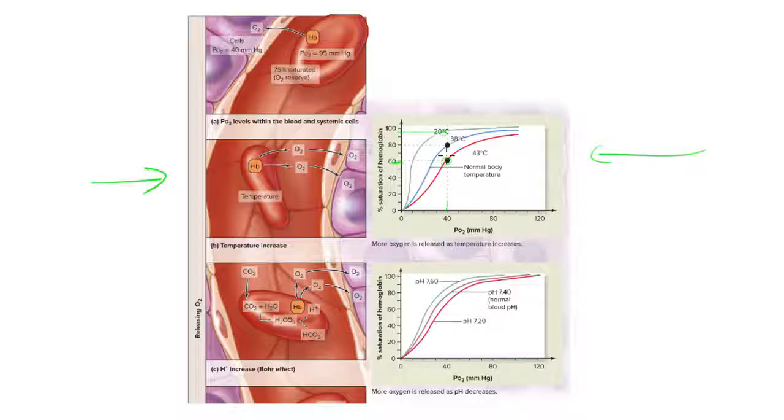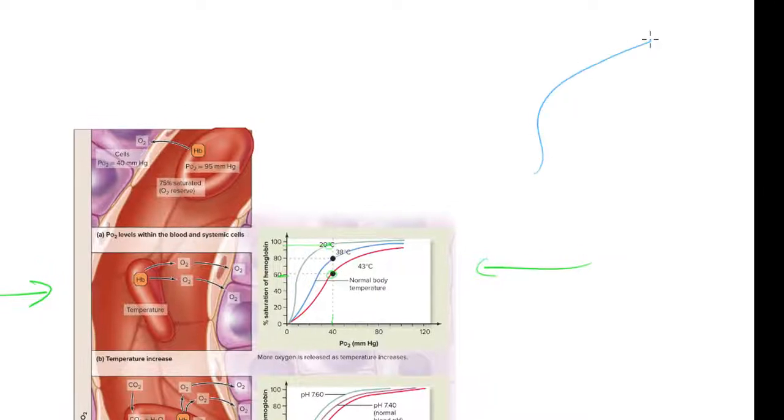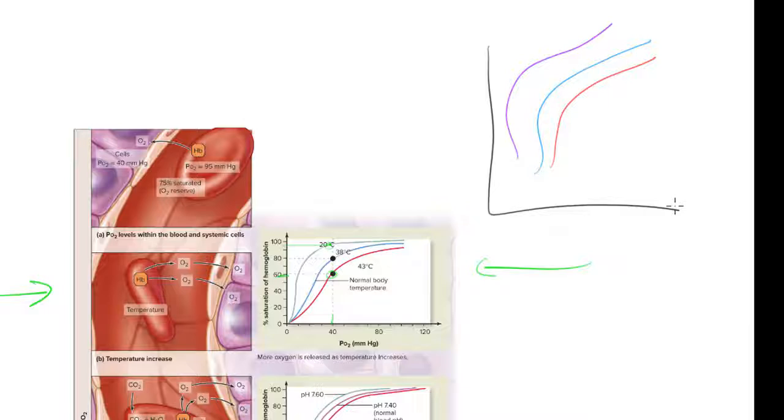So as you can see, if this is your saturation curve, a really poorly drawn saturation curve, we have one to the right of it, and then we have one, let me do purple over here. Okay, so here's the vertical line. I know this is getting really squiggly. Okay, so it's kind of like this.